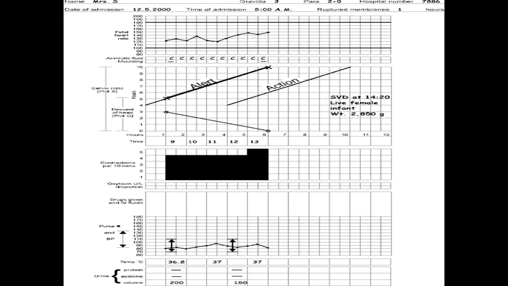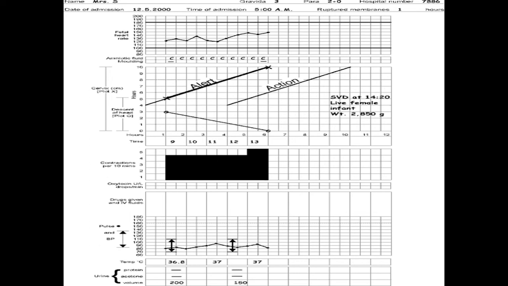The most important thing is how to follow cervical changes and descent of the head in the second part of the paper. And you see a line called the alert line and a line called the action line.